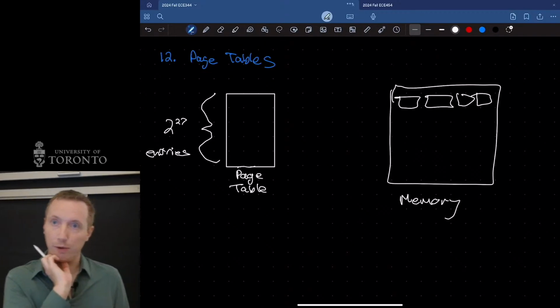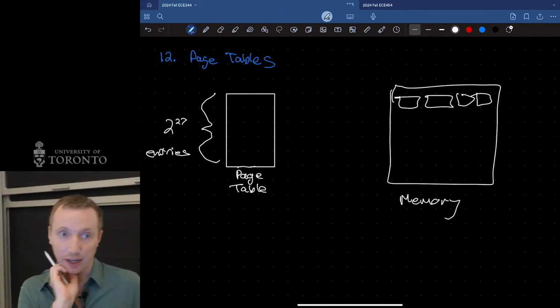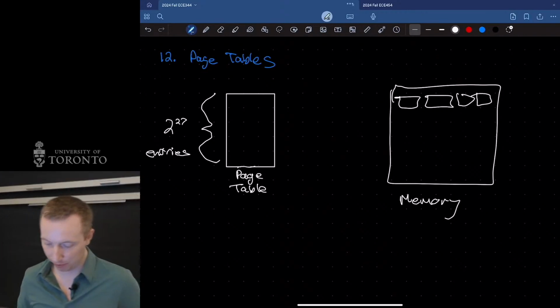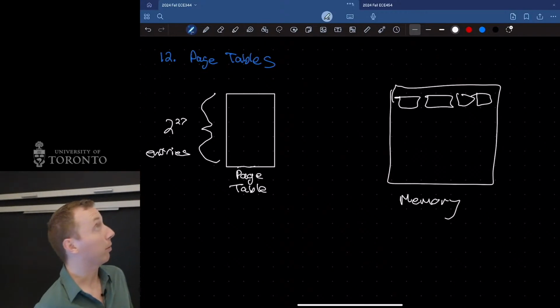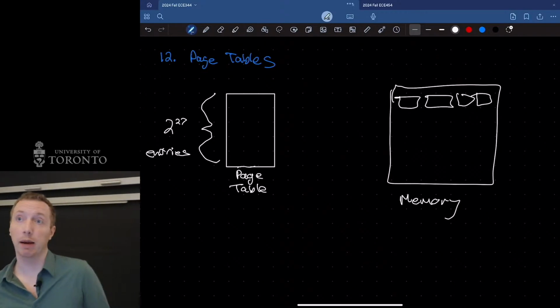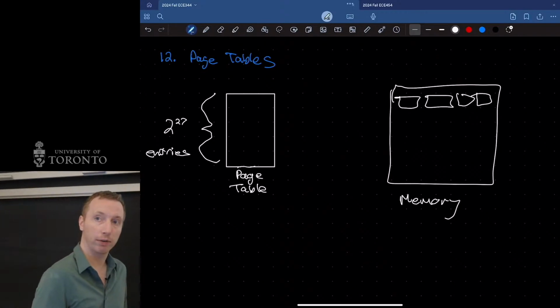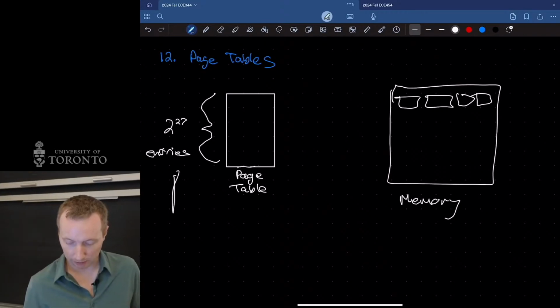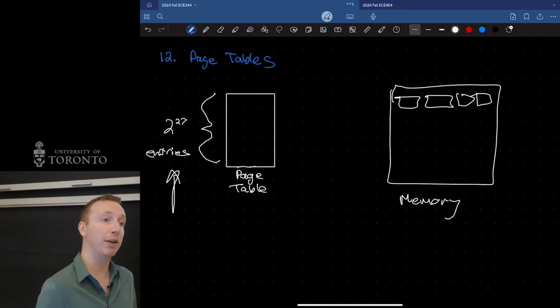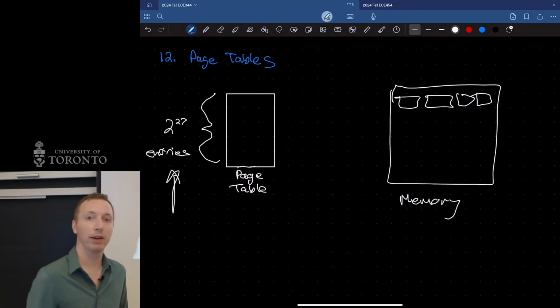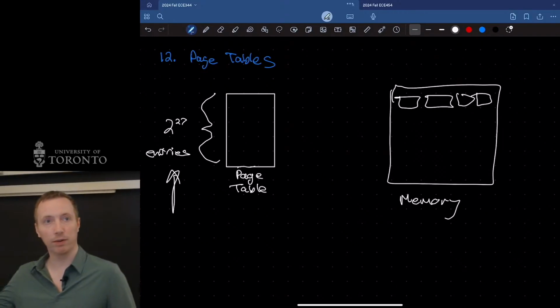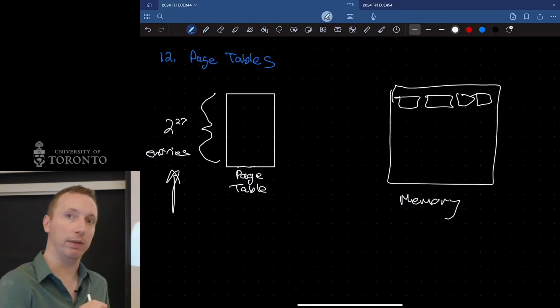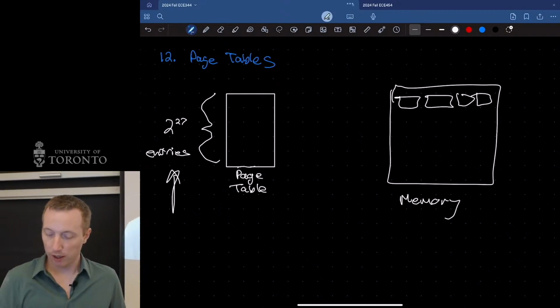physical memory as well. And currently, our issue is it is absolutely gigantic. So remember, for a 39-bit address with our 4K page size, our page table needs to have 2 to the 27 entries. And each of these entries contains at least a valid bit and the physical page number.